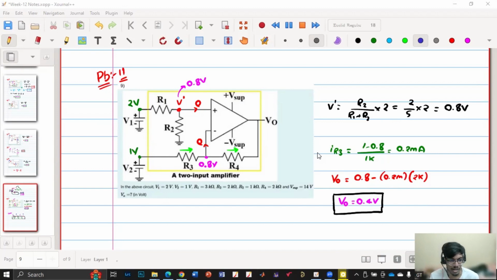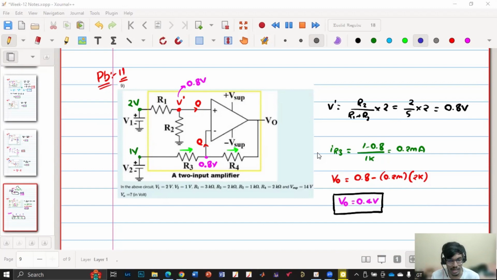So while choosing these resistances, people always select at least 1k, 10k, 30k, 40k, else it will not act like an op amp and you will not get the expected V naught, because we cannot apply the two assumptions that we apply for an ideal op amp. When you keep very low resistance, things may not work exactly the same way as when R3 is very high, so the two assumptions that we have considered may or may not be valid.